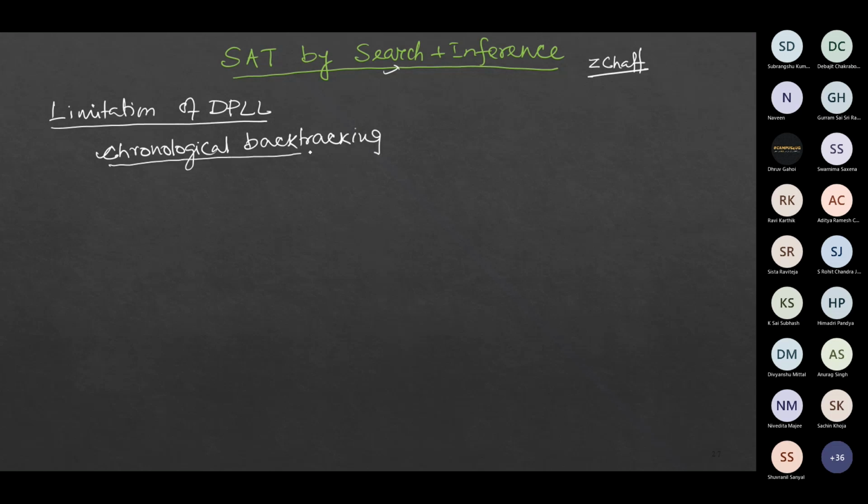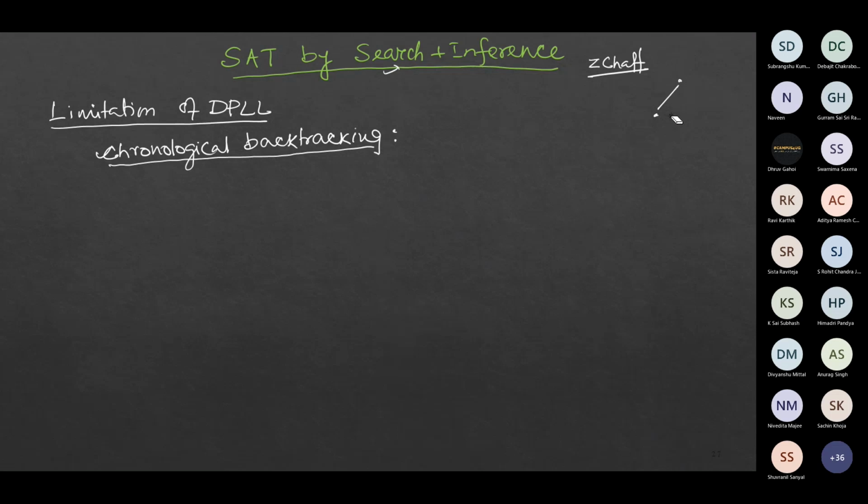So by that name, you can guess what we mean by chronological backtracking. So we are performing assignment in a specified chronology, right? So true. We are following left branch, left branch, left branch, and then when we get a contradiction, we backtrack in a reverse chronological order all the way to the root, right?